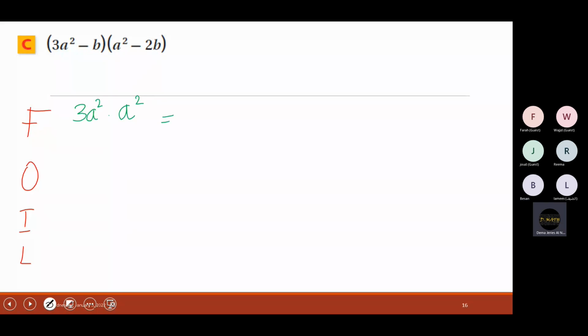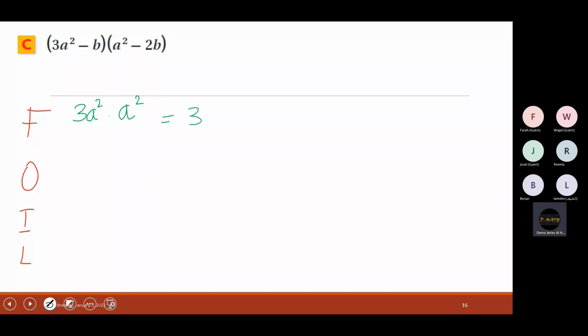Okay. Now, when you multiply them together, what do you get? 4a squared. 4? No, man, don't add them. Multiply them. 3a squared.